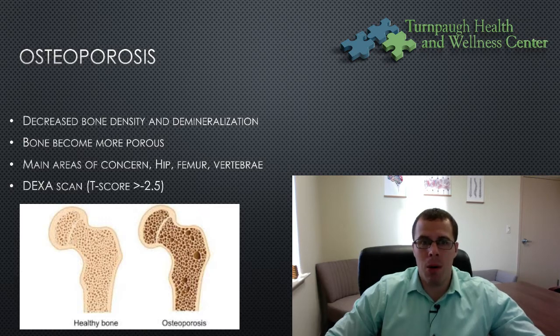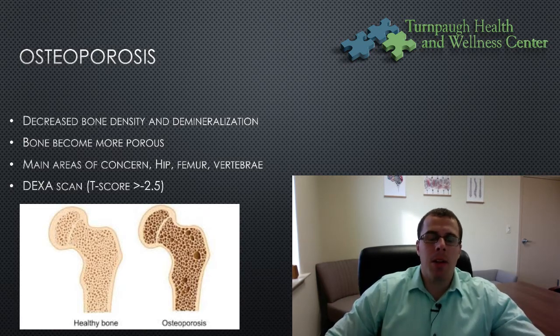You can see the healthy bone has much smaller air pockets. And then on the right, the bone becomes less dense, and it looks like there are larger air pockets, right? That is osteoporosis. And then osteopenia, again a lesser degree, would just not look as severe as the picture on the right.